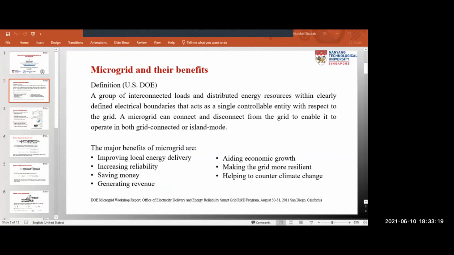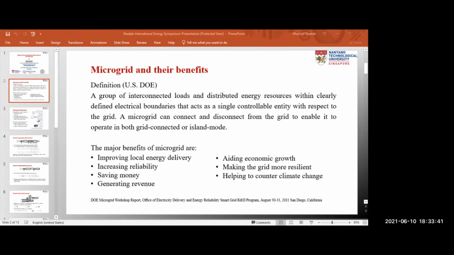Okay, so these days microgrids are getting quite popular due to their distributed nature. The definition of microgrid according to the US Department of Energy is a group of interconnected loads and distributed energy resources within clearly defined electrical boundaries.